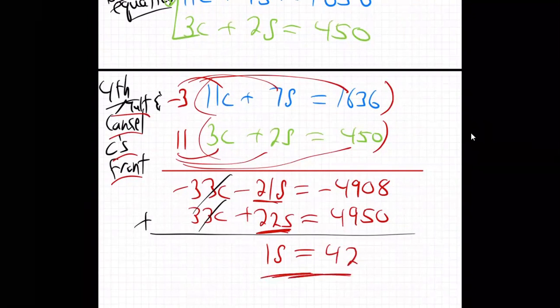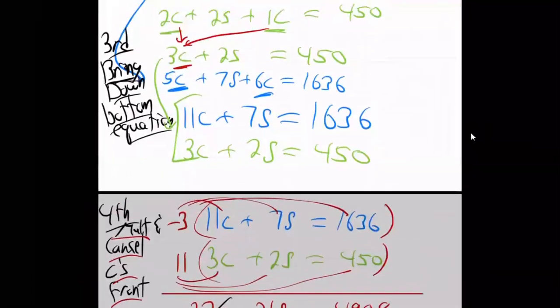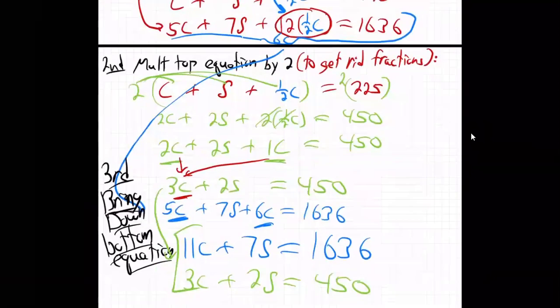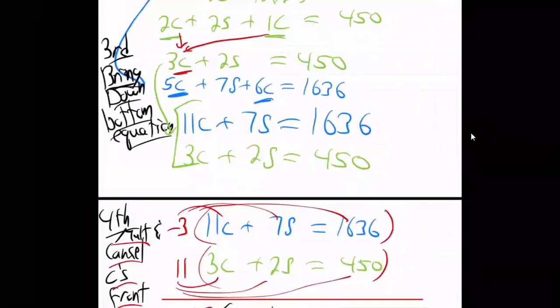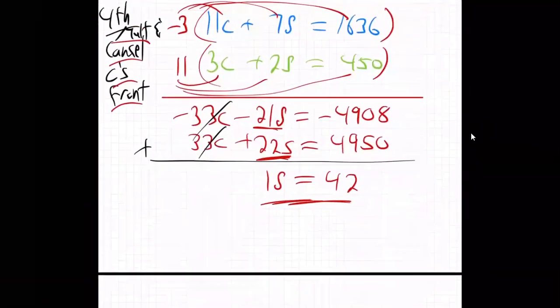So we finally got S. Now we can try to go back and get the other letters. The number of students is 42. Fill that in. So how do we get the others? Well, now we got to back up. That was step 4. These are so long.